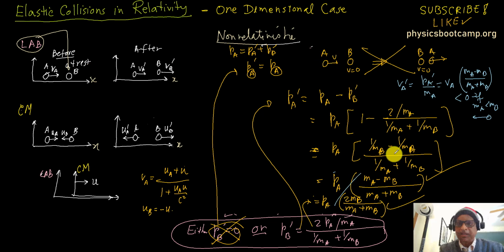And this guy just becomes VB prime is equal to PA, so I've got MA divided by MB.